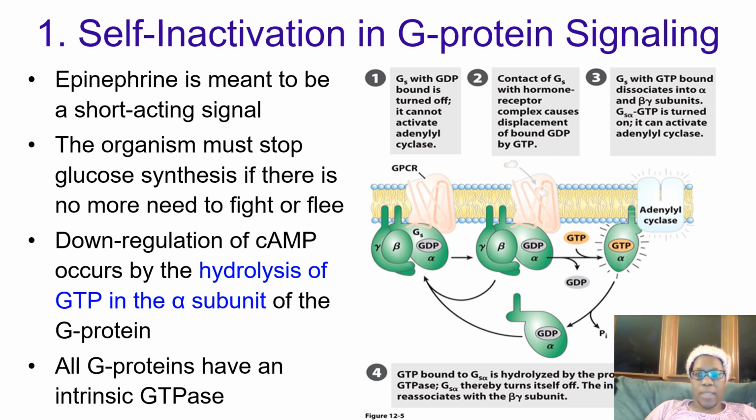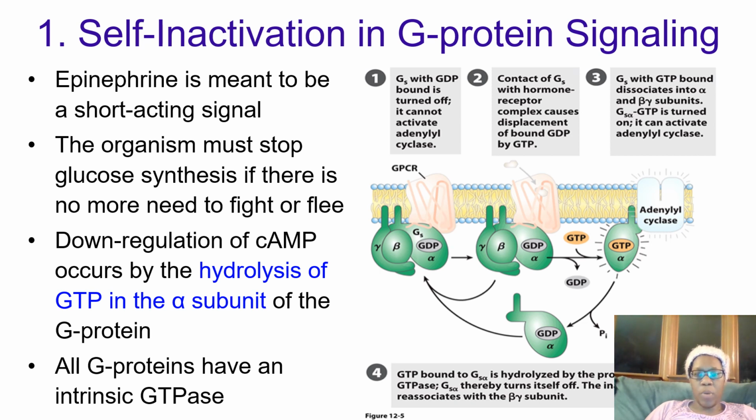Eventually, that GTP will get dephosphorylated to GDP. It will lose that phosphate group. Now it's inactive. It goes back and finds the beta and the gamma subunits, and associates back with the receptor in its inactive form.